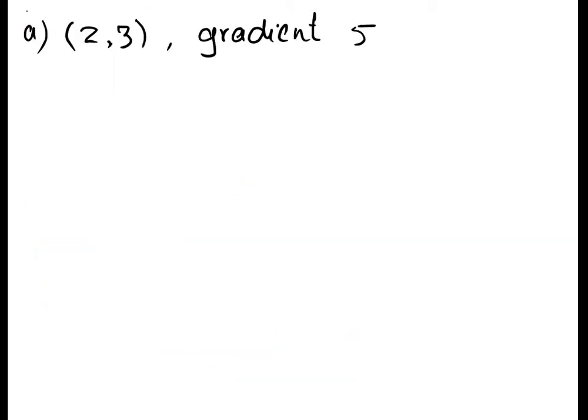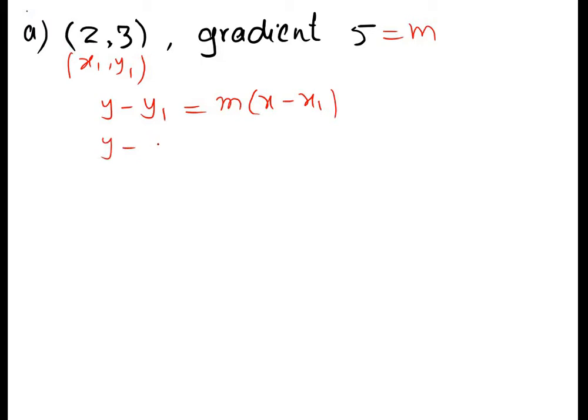You are given the gradient, which is 5, and the point (x1, y1) is given as (2, 3). So we can substitute that in the formula. y minus y1 equals m times (x minus x1). y1 we have is 3, m we have is 5, x minus 2, so y minus 3 equals 5 times (x minus 2). 5 multiplies both of these, so 5 into x is 5x, 5 into minus 2 is minus 10.